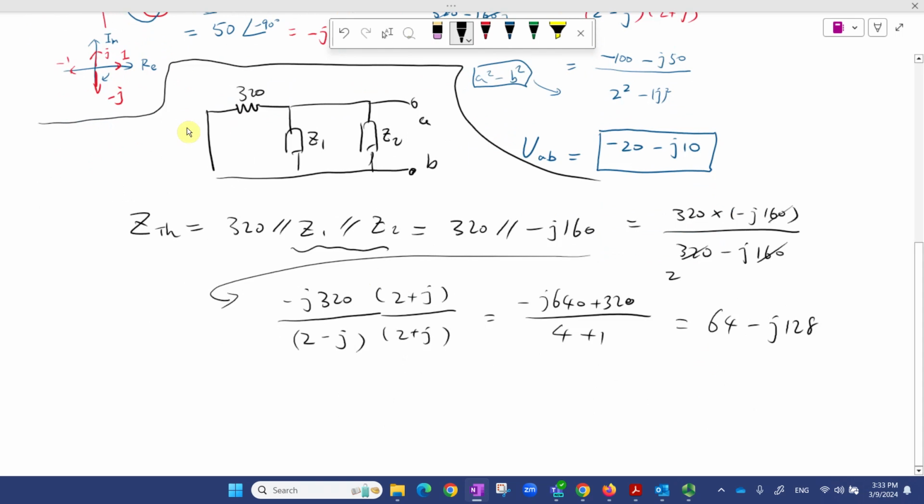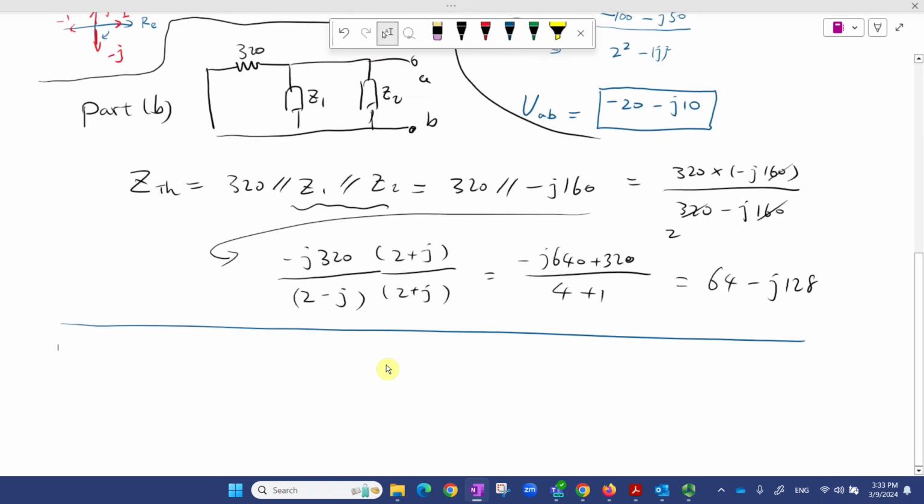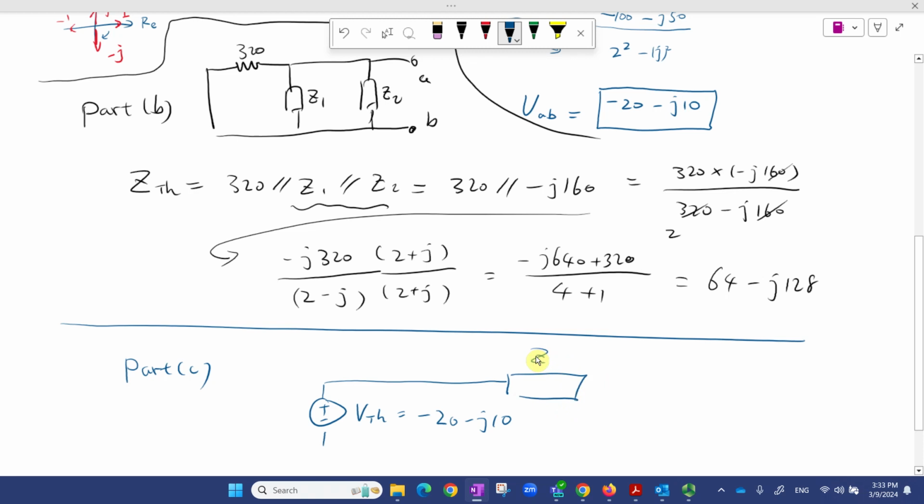And the last part is part C. So we just put everything together. For part C, we have a Thevenin equivalent voltage, which equals negative 20 minus j10, and a Thevenin equivalent impedance, which equals 64 minus j128, and that's it.